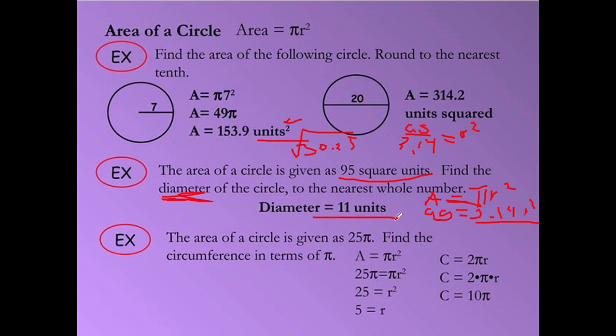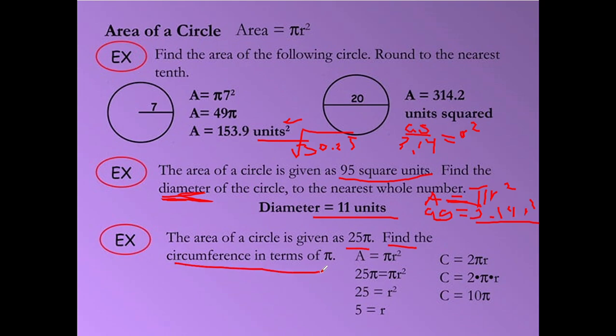Since it is the radius, to get the diameter we multiply it by 2, and we get 11 units.